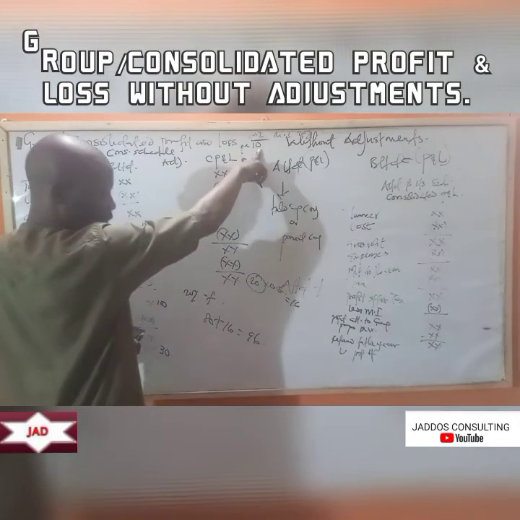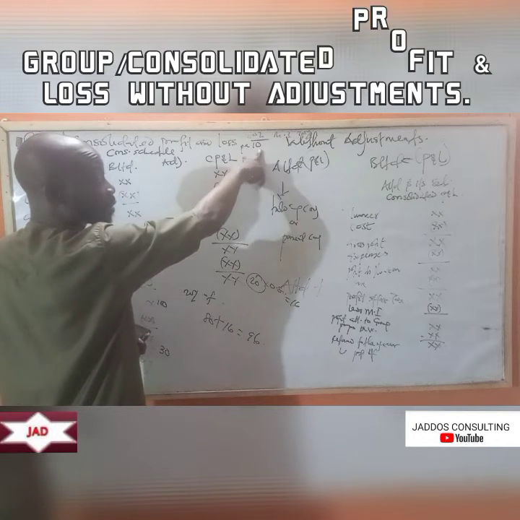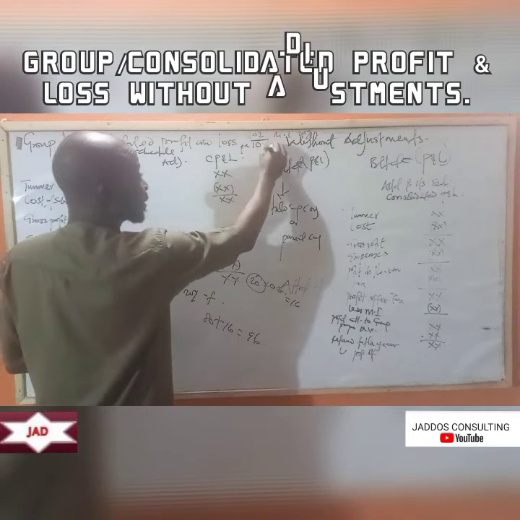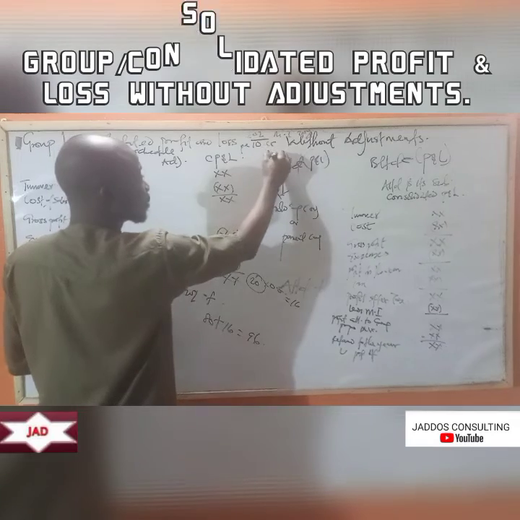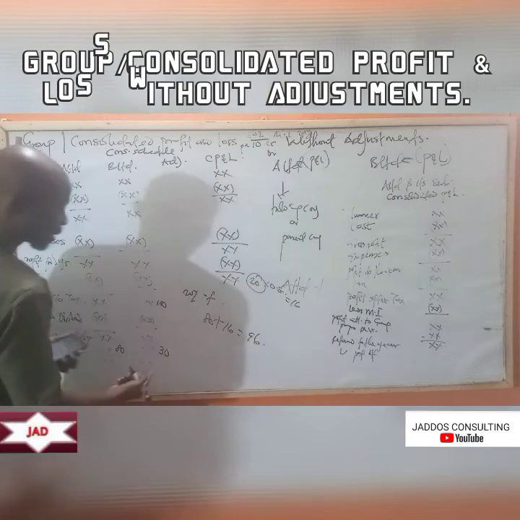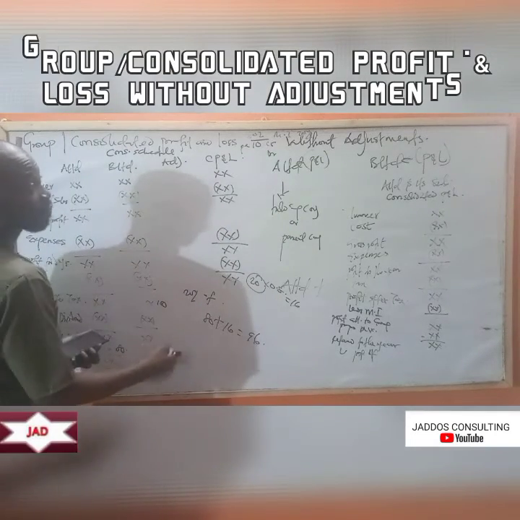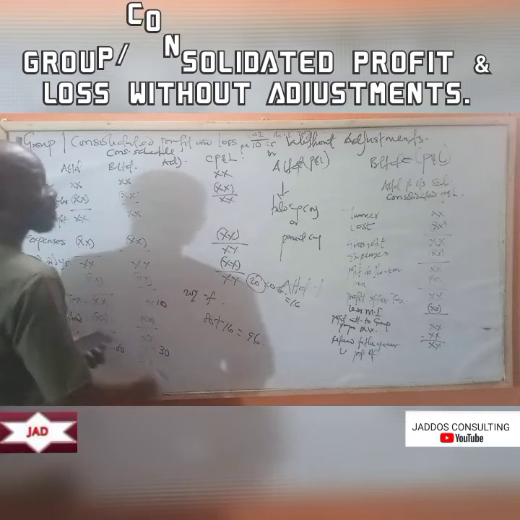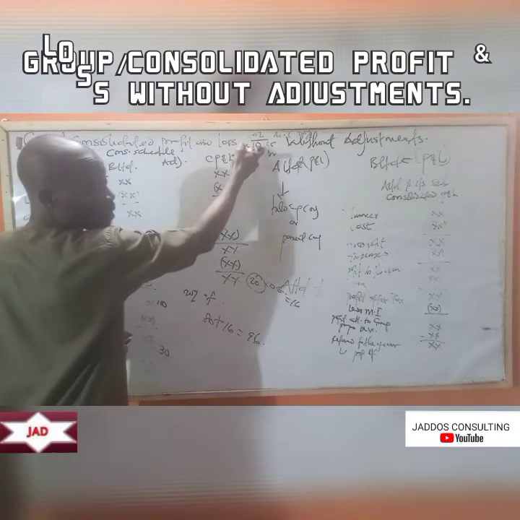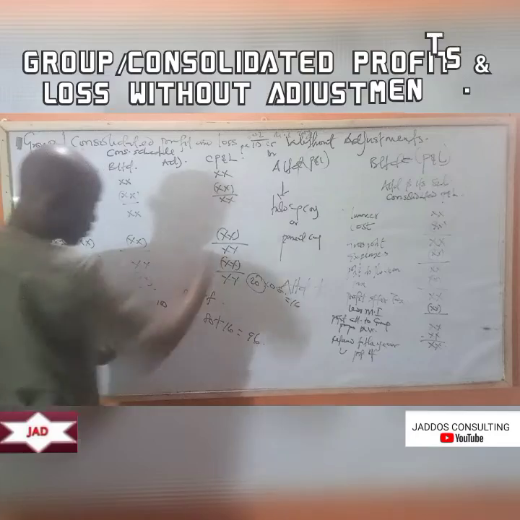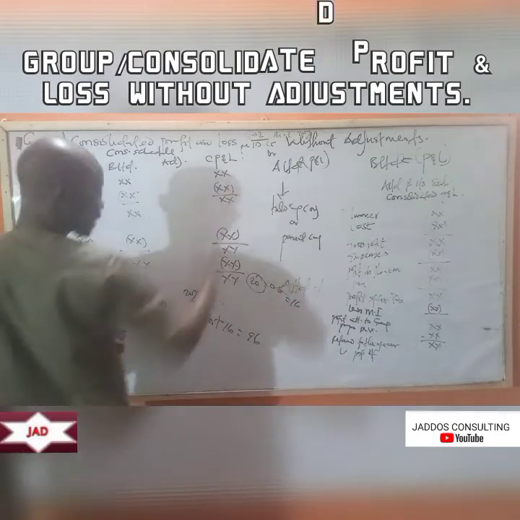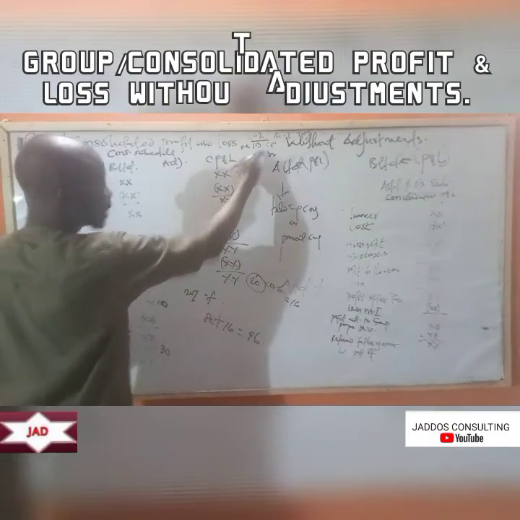Now I know here this is a credit. Assuming it's a loss, assuming this is a loss. Here now it's a credit, it means it's a profit. Assuming it's a debit, which is a loss, it would mean that the post-acquisition profit would have been 40, for it to have accommodated the loss to bring it up to 30. But because it's a profit, it's 30 minus 10. If it were a loss, it would be 10 plus 30.